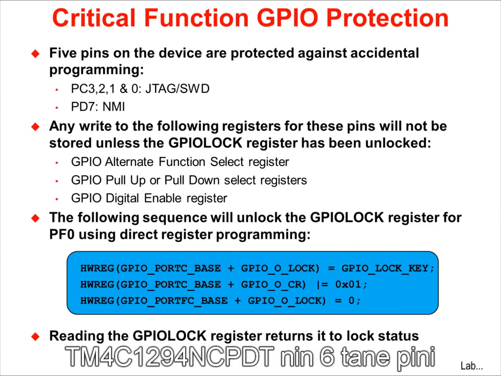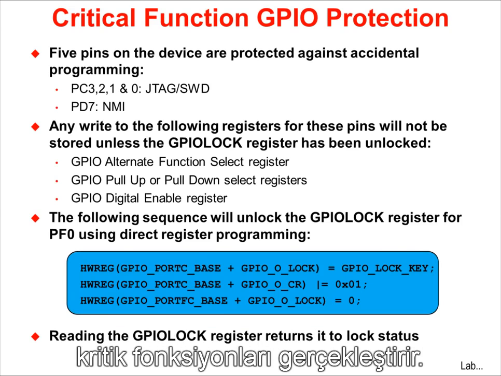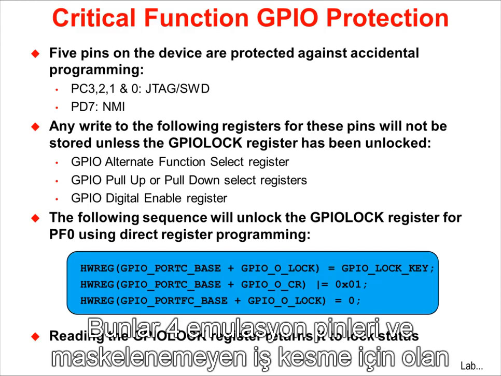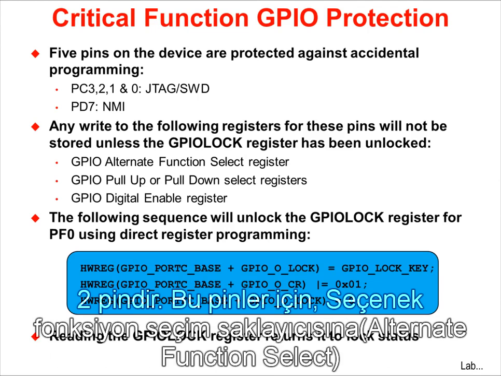6 of the pins on the TM4C1294NCPDT have critical functions that are protected from accidental disruption. These are the 4 emulation pins and the 2 pins dedicated to the non-maskable interrupt.